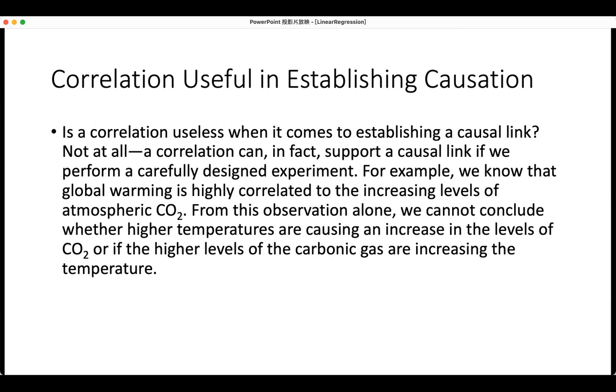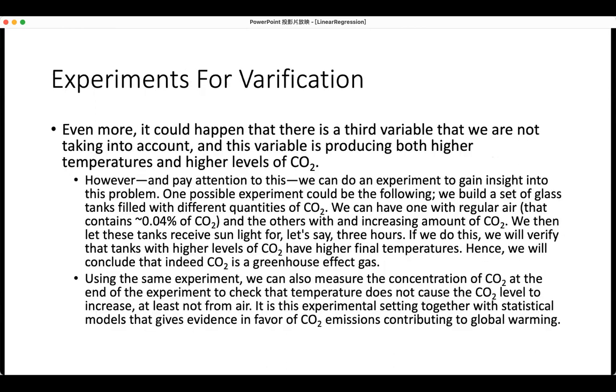The reason is that there may be a third variable we didn't take into account that produces both higher temperatures and a higher level of CO2. This may be the case, right? Who knows?